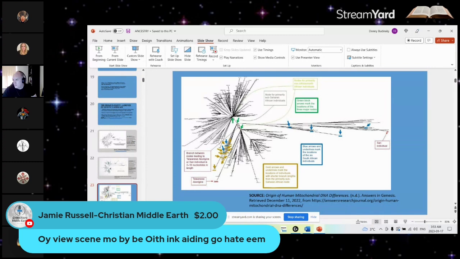But anyways, their starting position is that L series because it has the deepest branches, it has the most genetic diversity, and so they have everybody coming from Africa. And so your L series, L3 specifically, that's your deepest branches. And since the branches reflect DNA differences, that means that lineage has the most genetic diversity.